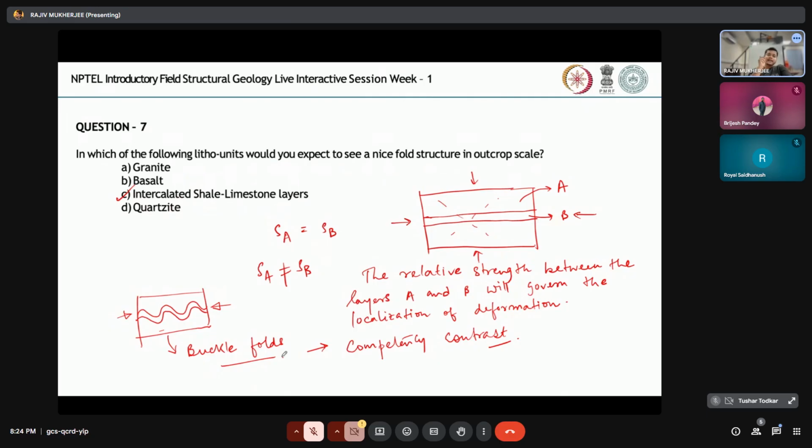That is why developing a nice folded structure within granite, basalt or quartzite is difficult, because all of these things are compositionally homogeneous. So to localize the deformation, that is to make a fault or to create a nice folded structure or even a shear zone within the material, you need some heterogeneity at some point, however minute the quantity might be.